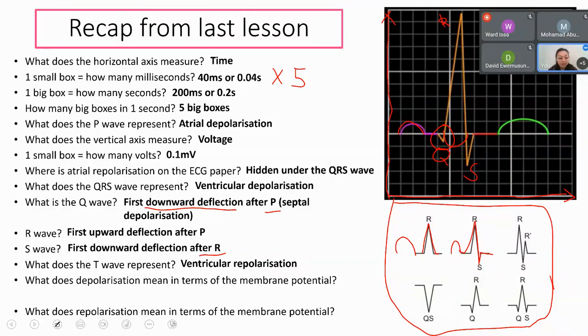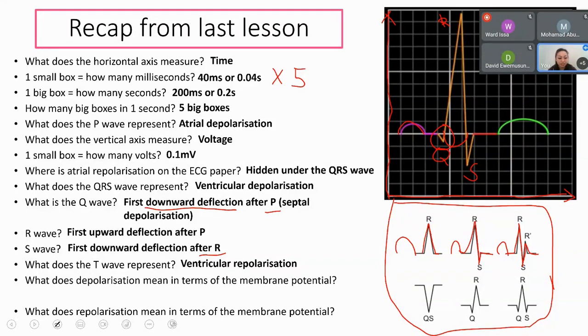If there's no Q wave, but an upward deflection, then down, then up again, it's an RSR wave. These are just different QRS presentations, so it doesn't necessarily mean pathological.